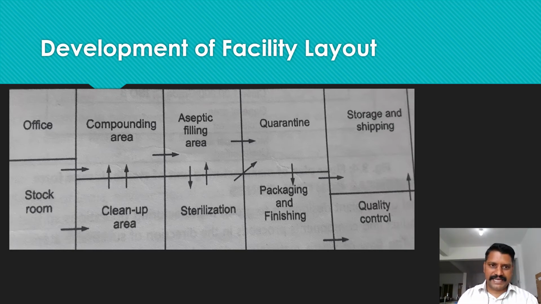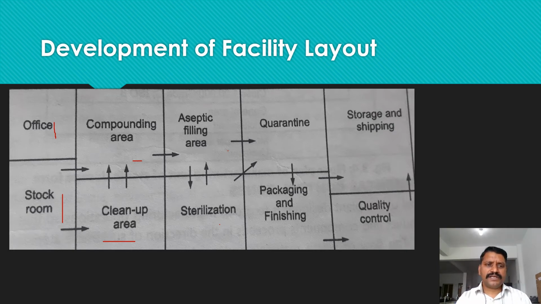So in this diagram, this arrow indicates the flow of material or flow of personnel from one compartment to another compartment. So office, then stock room, cleanup area, compounding area, aseptic filling area, sterilization, quarantine, packaging and finishing, storage.